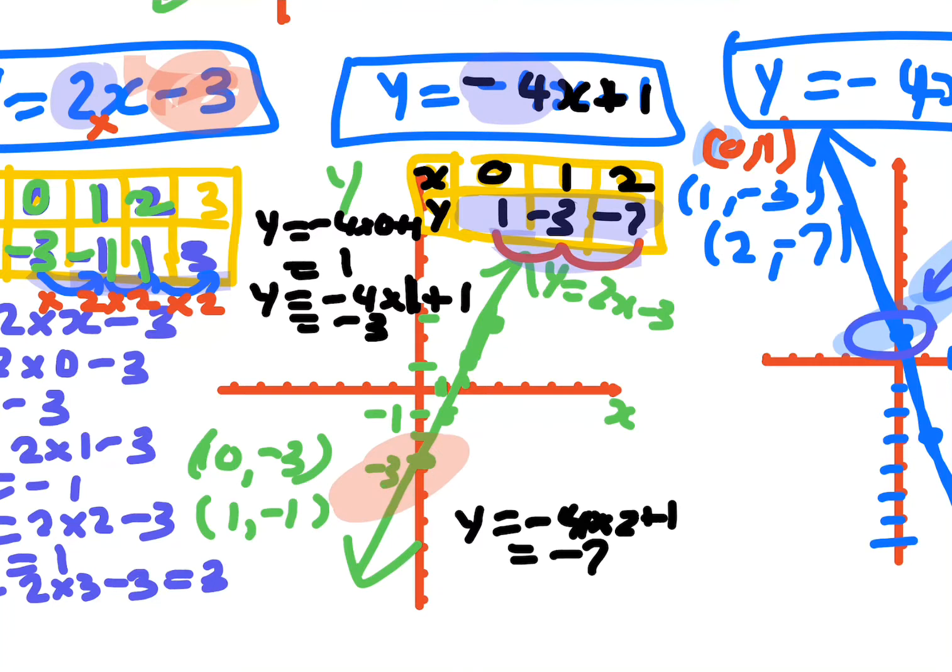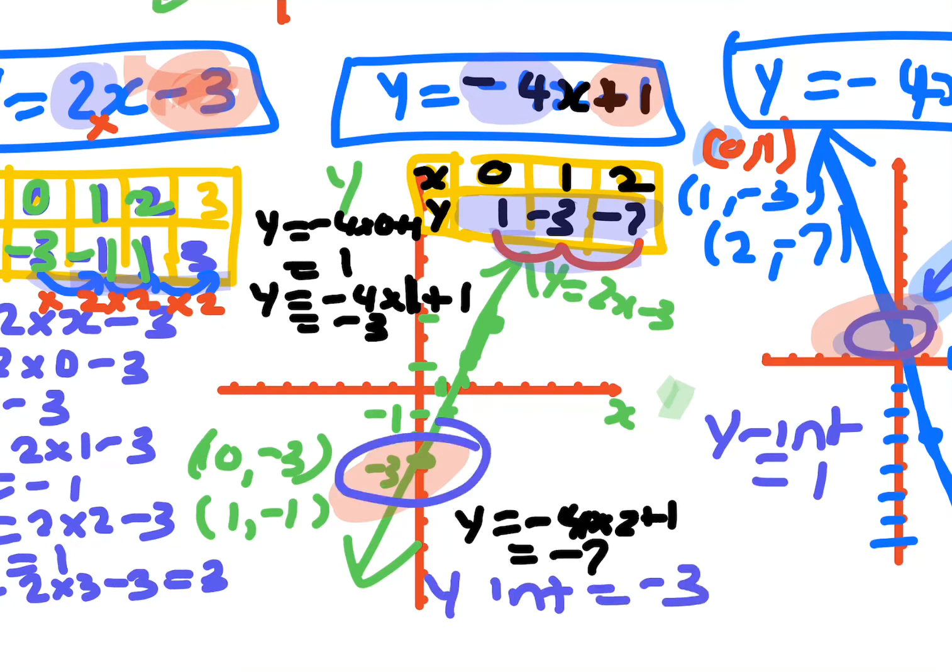So the number out on its own is where it cuts the y-axis, and that is called the y-intercept. We'll look at that in the next video. So the y-intercept here is 1, but on this graph, the y-intercept is minus 3.